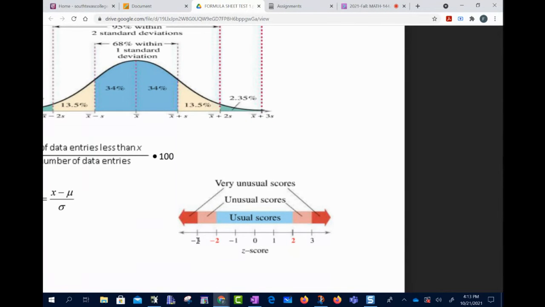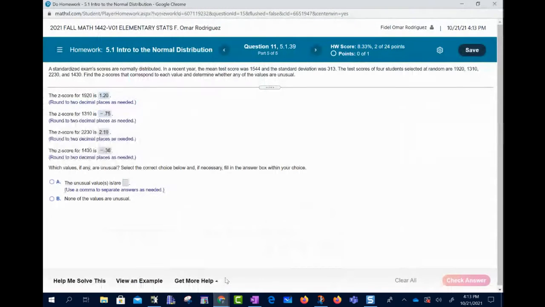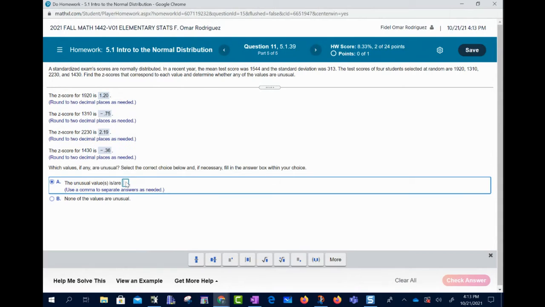Same thing between -2 and -3, and then they would be very unusual if it was past 3 or smaller than -3. So when I come back to my actual problem, this one here would be considered unusual because it's past 2. So right here, I would say the one that's unusual would be the 2.19.